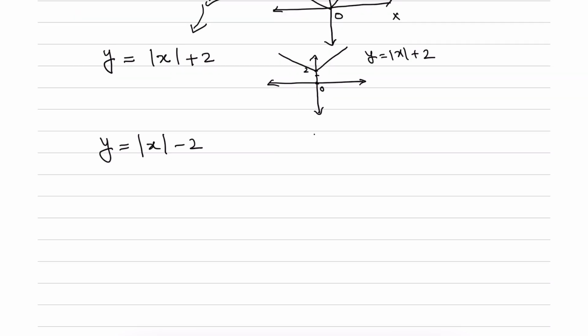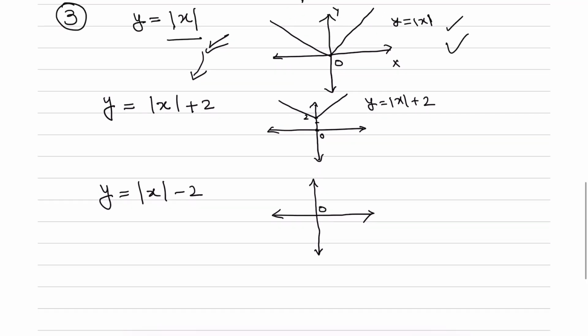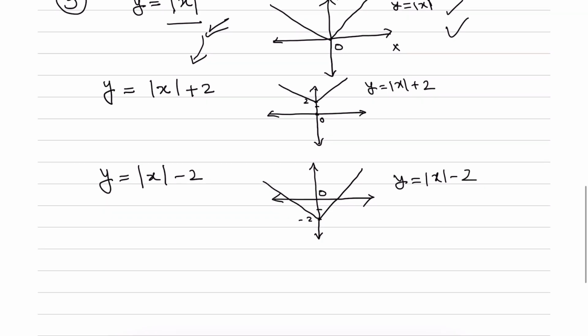So whenever a number is subtracted from a complete function on the right hand side, the graph is shifted 2 units down. Which graph? This graph, y equal to |x|, will be shifted 2 units down. It is minus 2. Then you will have this shape. So this is the shape of the graph for |x| minus 2.